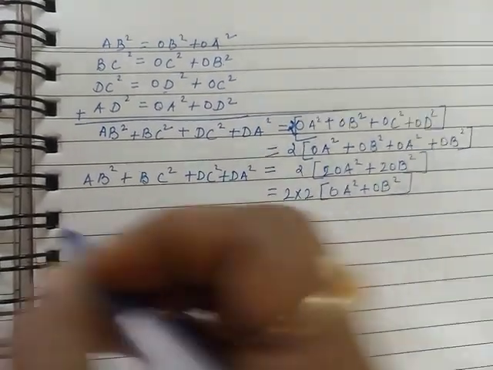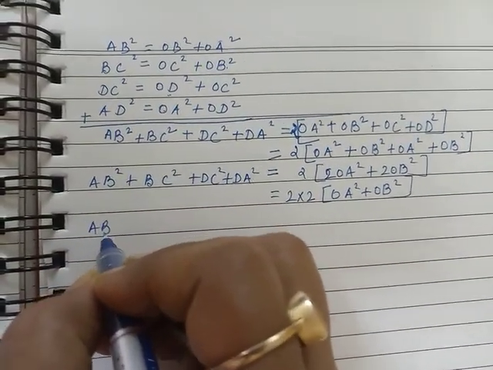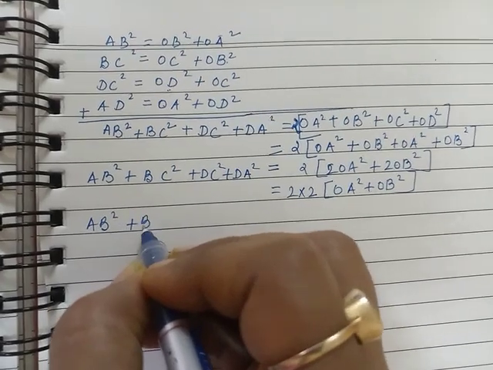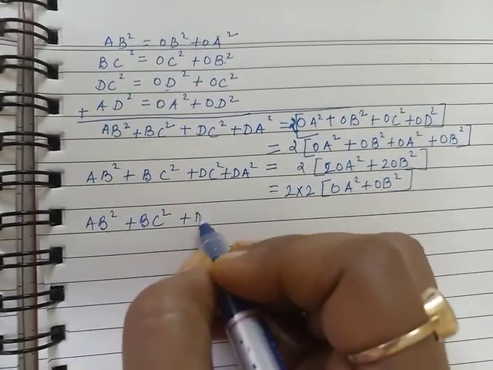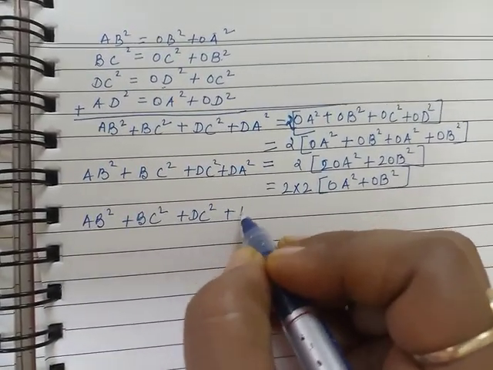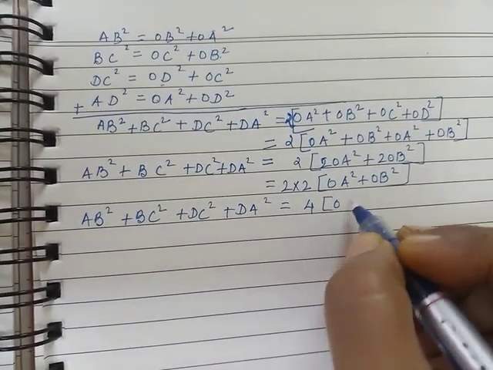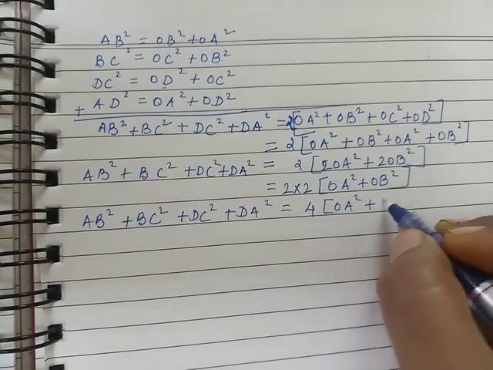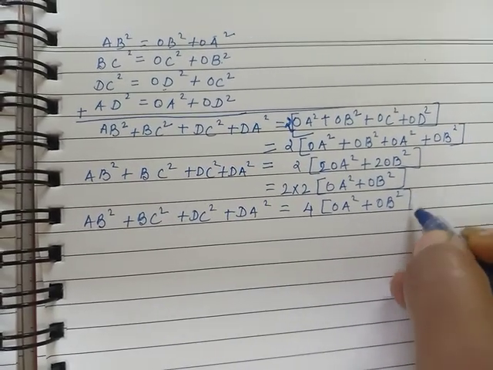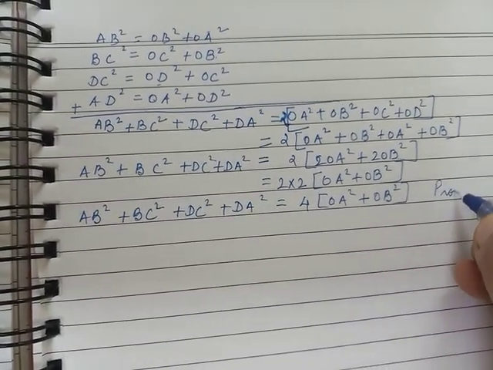So we get the answer that AB square plus BC square plus DC square plus DA square is equal to 4 times OA square plus OB square. Hence proved.